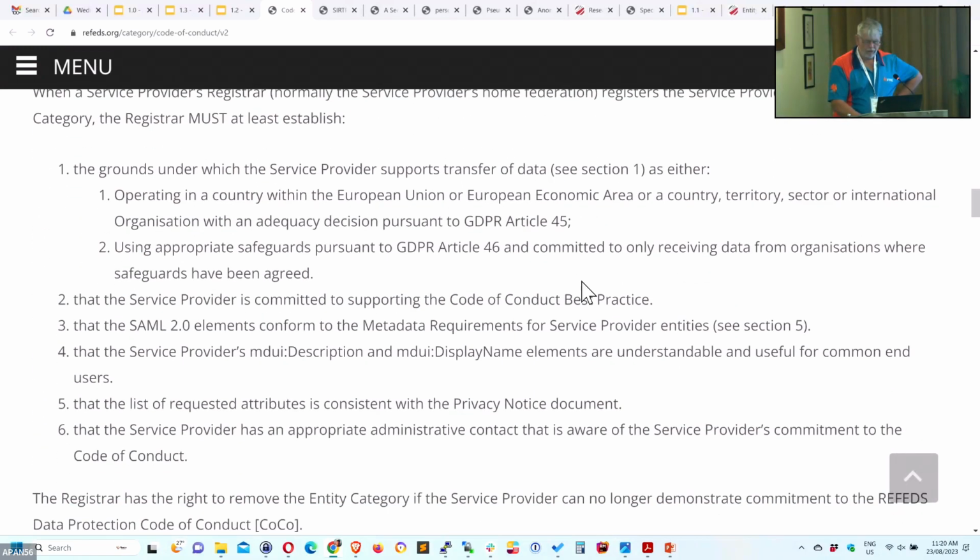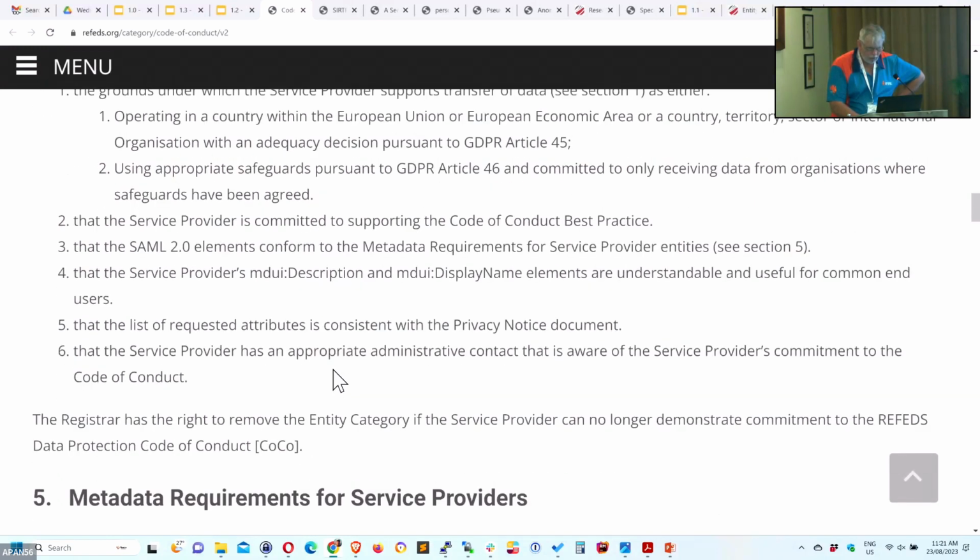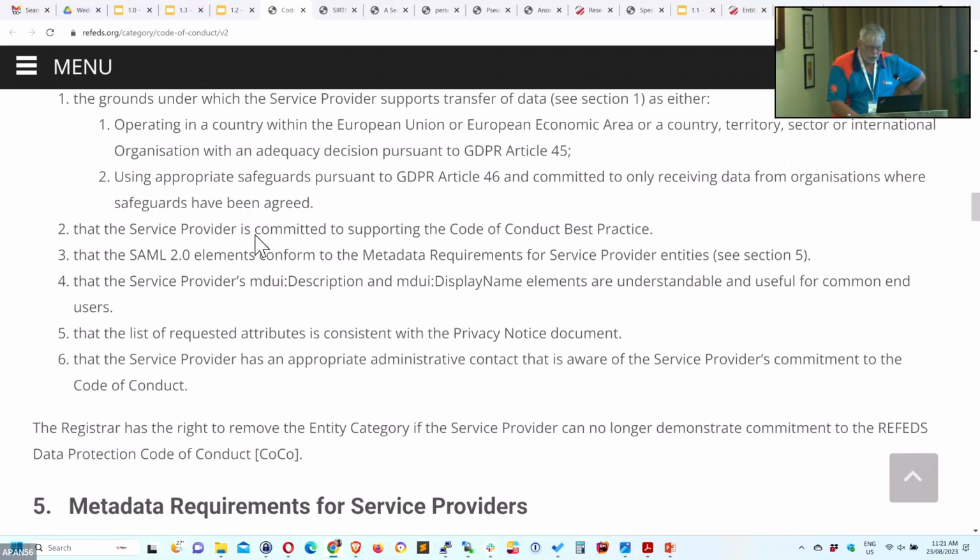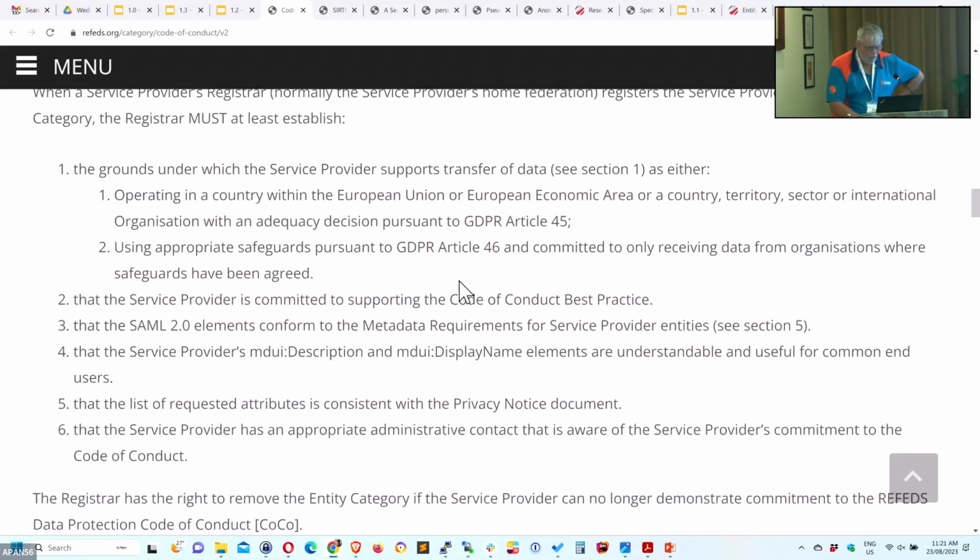This is a bit more extensive around being part of the European Economic Area or covered by GDPR Articles 45 and 46, which we aren't, or the get out of jail free card, or only receiving data from organizations where safeguards have been agreed. So that's the thing. We have to be the person that verifies that the appropriate safeguards have been agreed to by the service provider.